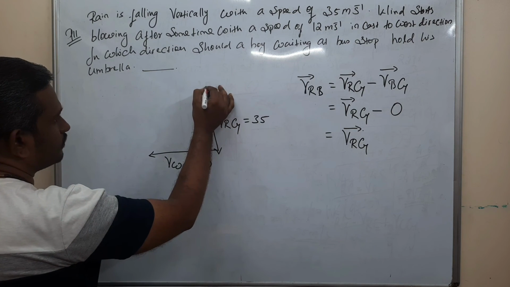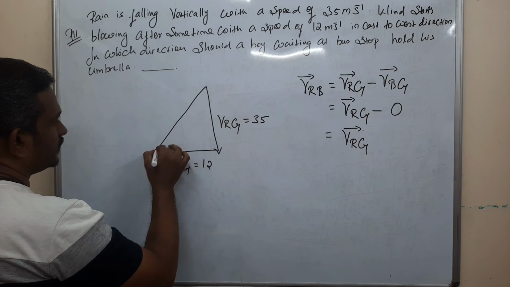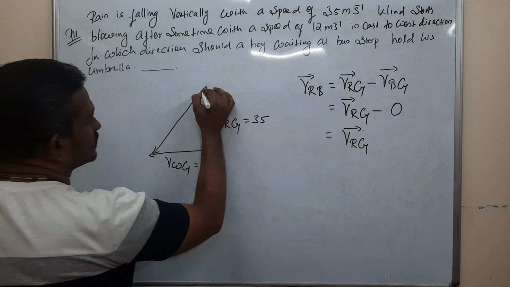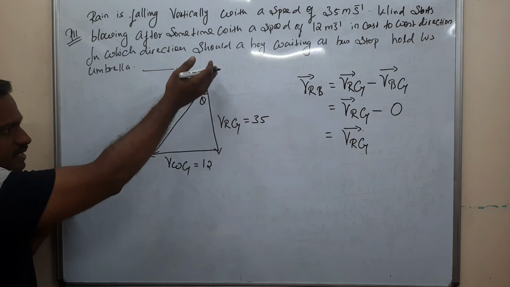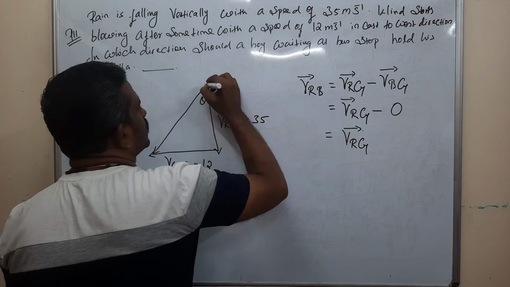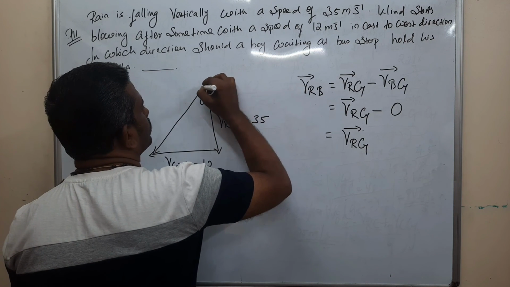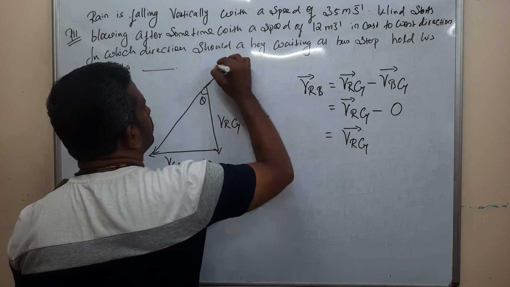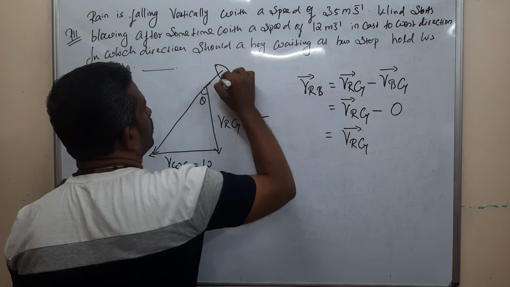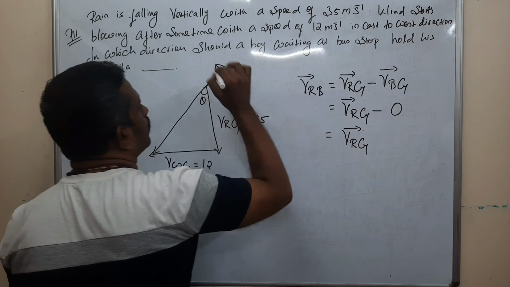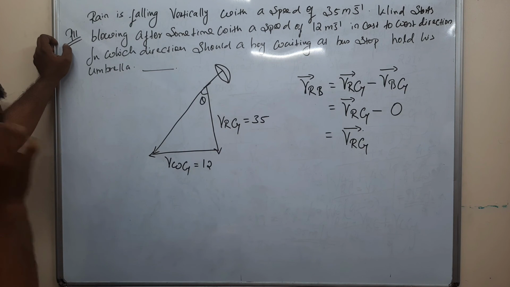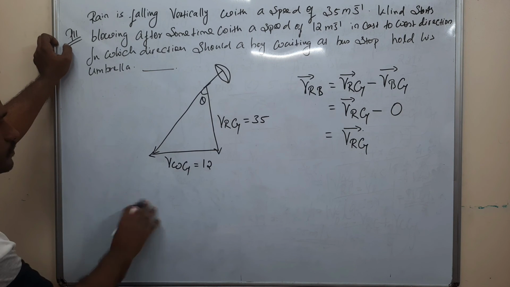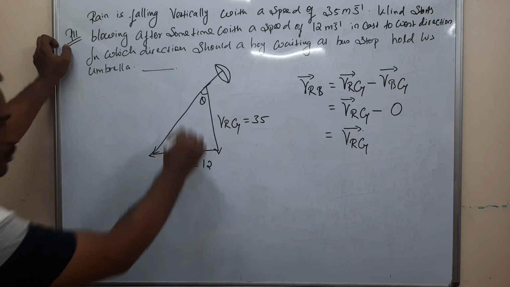The rain must be in this direction, making an angle theta with the vertical. The rain is coming in this direction, so he has to hold the umbrella in this direction. So what about theta?